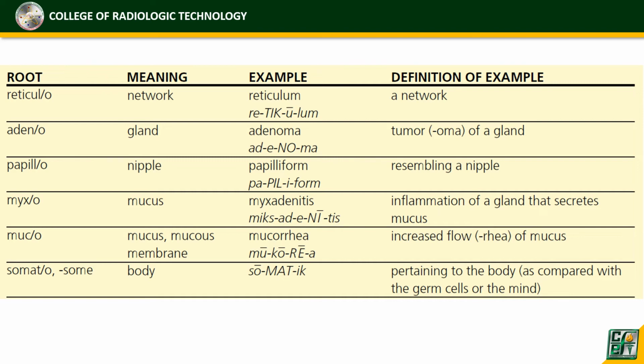The example is mucorrhea, which means increased flow of mucus. Muco means mucus, rhea means flow.